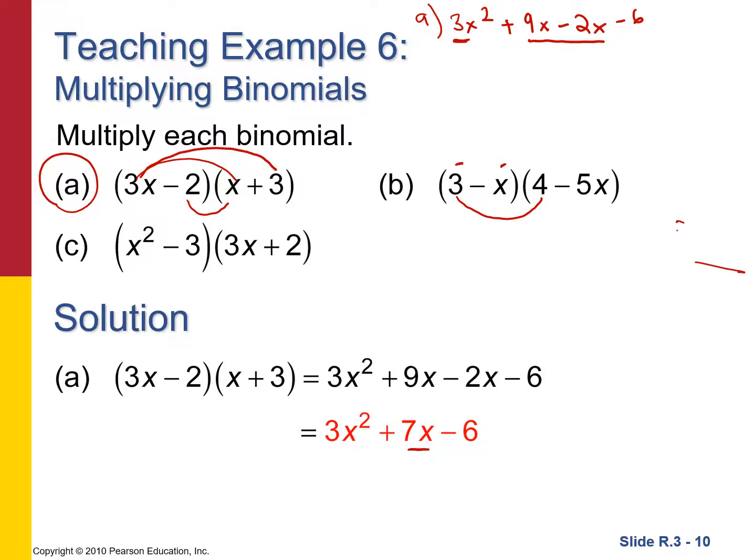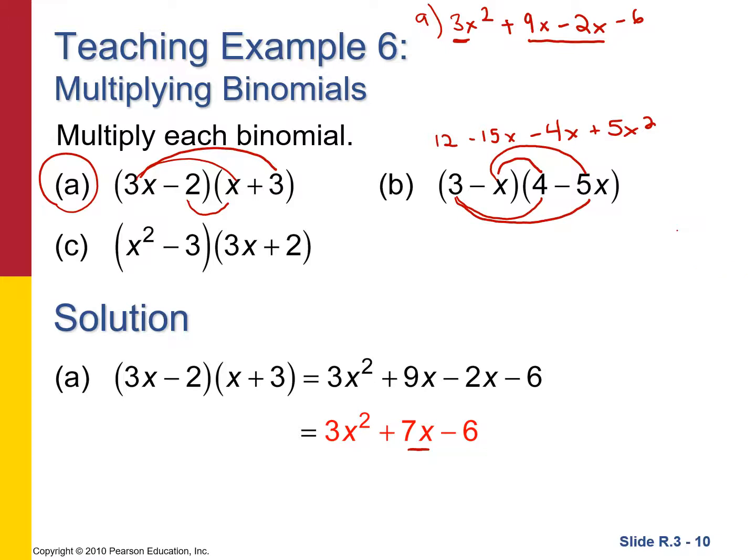So first, in this case, it's going to be 12. Now outer, 3 times minus 5x, which is minus 15x. Inner, minus x times 4. This is minus 4x. And notice this last one, minus x times minus 5, which is positive 5x squared.